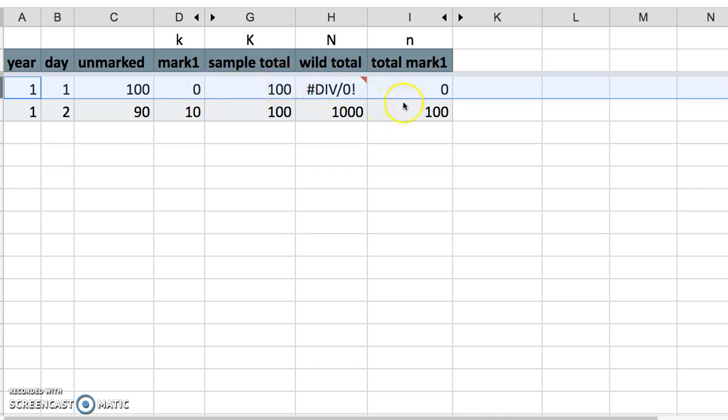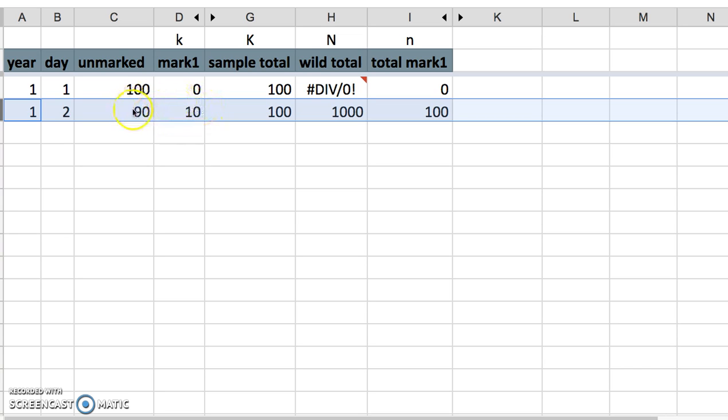So after they mixed, you can see that there were 100 minnows in the wild for this second sample. When we took the second sample of 100 minnows, there were 90 of them that were not marked and 10 of them that were marked.